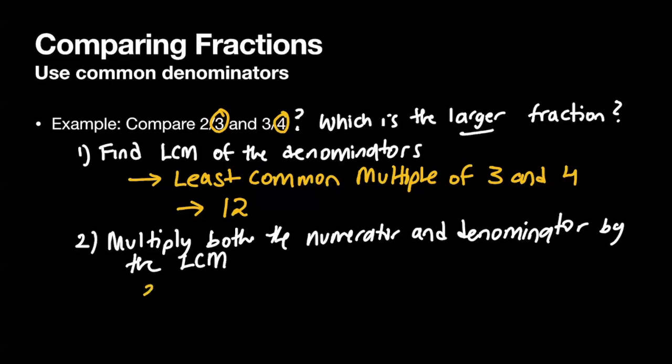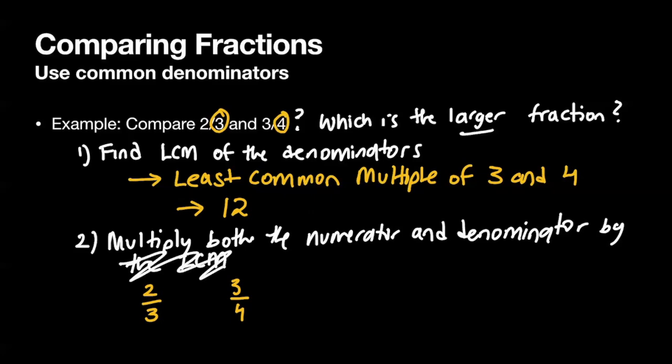So we do 2 by 3 and 3 by 4. So this is wrong, sorry. We have to multiply both the numerator and the denominator by the same number, right? Because we want to find an equivalent fraction.